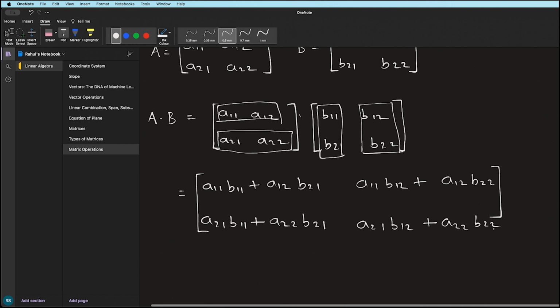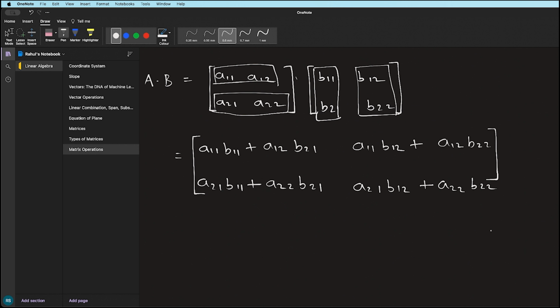Now there is one condition here. So we understood how the matrix multiplication works, but can we multiply any two matrices? The answer is no. There is one condition. In order to multiply two matrices, suppose the shape of the first matrix is 2 cross 3 and the shape of the second matrix is 3 cross 2.